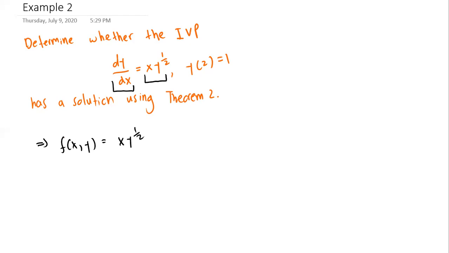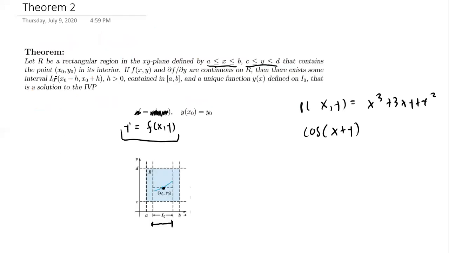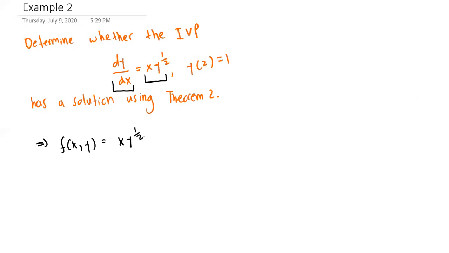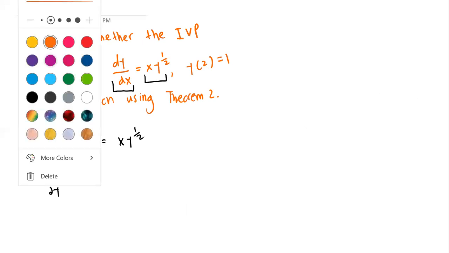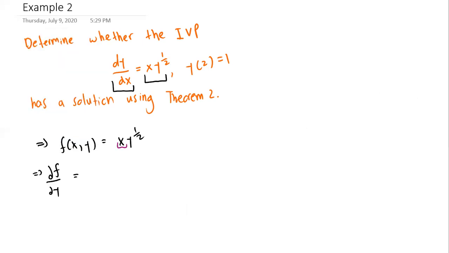Okay. Now, what else do we need? We wrote it in the right form. We have our f of x, y. Well, we also need the partial derivative of f with respect to y. So let's find that partial derivative. How do you find this? Remember, it's as if you were taking the regular derivative of this function with respect to y, treating any other variable as a constant. So for our purposes, in taking this derivative, x is a constant and y is the variable.